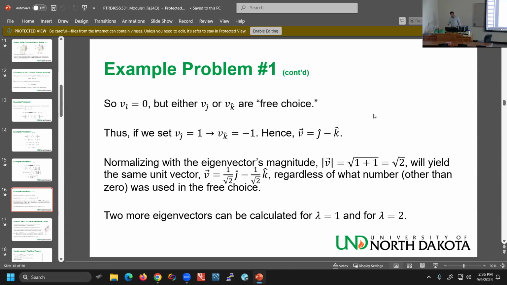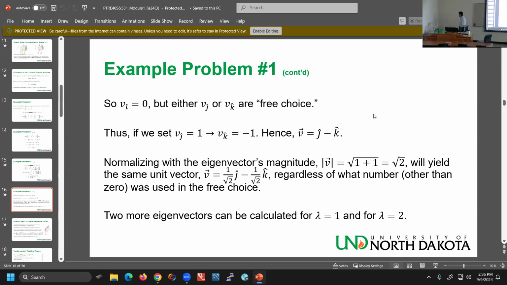The appropriate answer, and this is how I expect to see it in your homeworks and in your exams, and I stress that, is that the vector you give me needs to be divided by its magnitude. So basically, you are giving me a unit vector. I want your answers always in unit vectors.